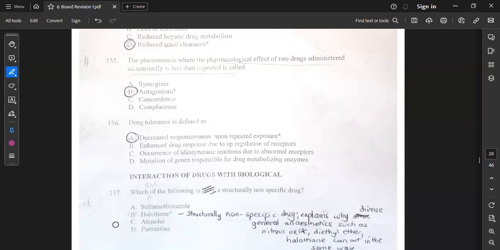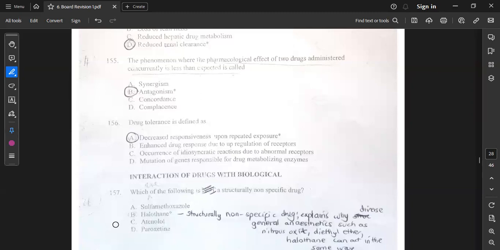So what is our reasonable answer here then? A drug that has no specific site to bind with in order to exert its pharmacological effect, such as gases, anesthetics, and disinfectants.